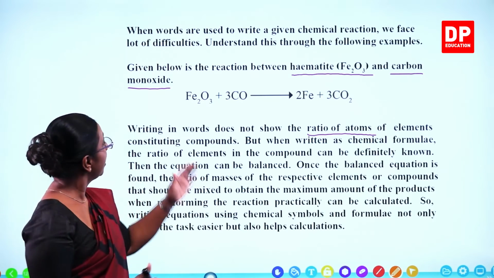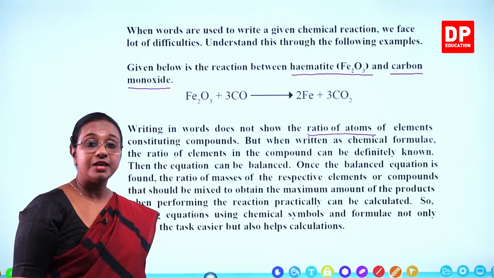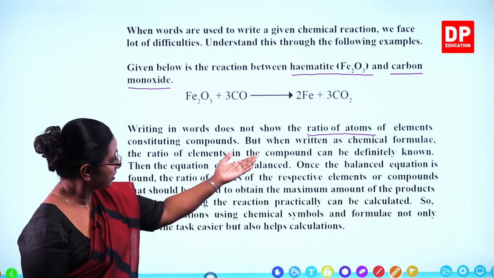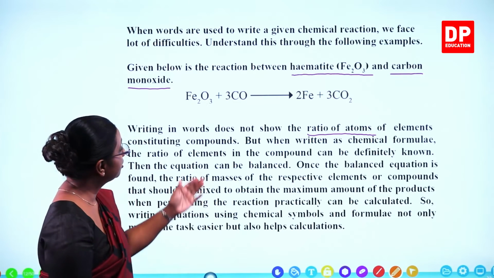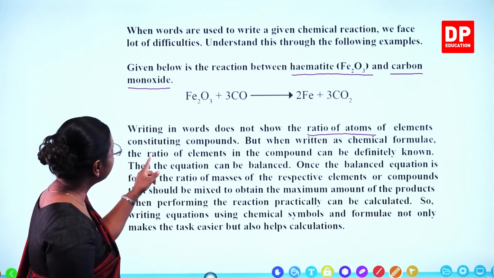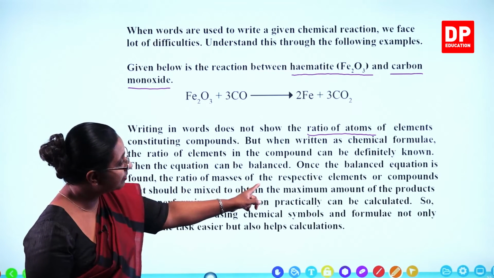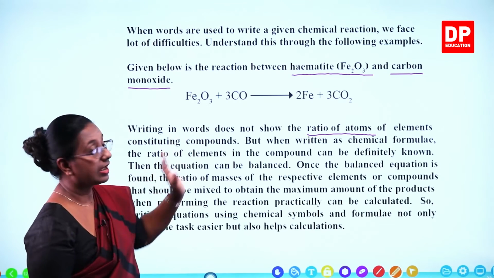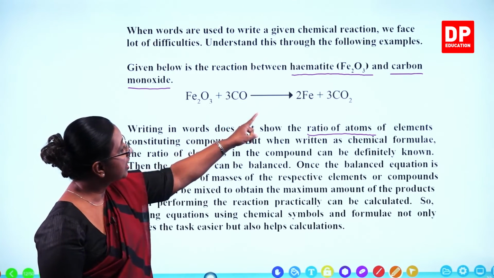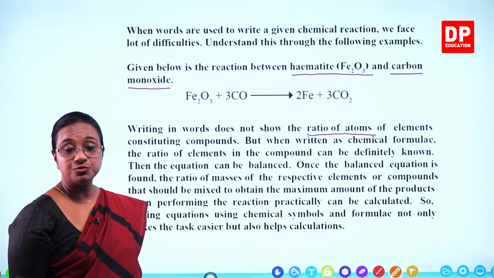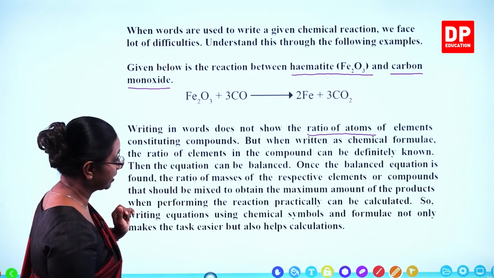So we won't know how many of each reactant and product are there. The ratio of atoms is not known. But when written as a chemical formulae, the ratio of elements in the compound can be definitely known. So here you can see 3 carbon monoxide, 2 Fe, 3 CO2 and 1 Fe2O3. All that is known to us.